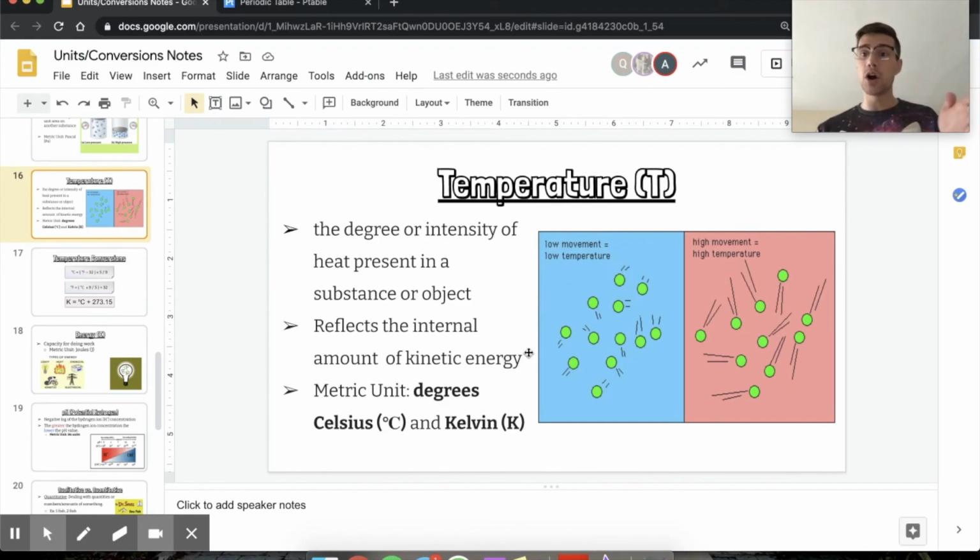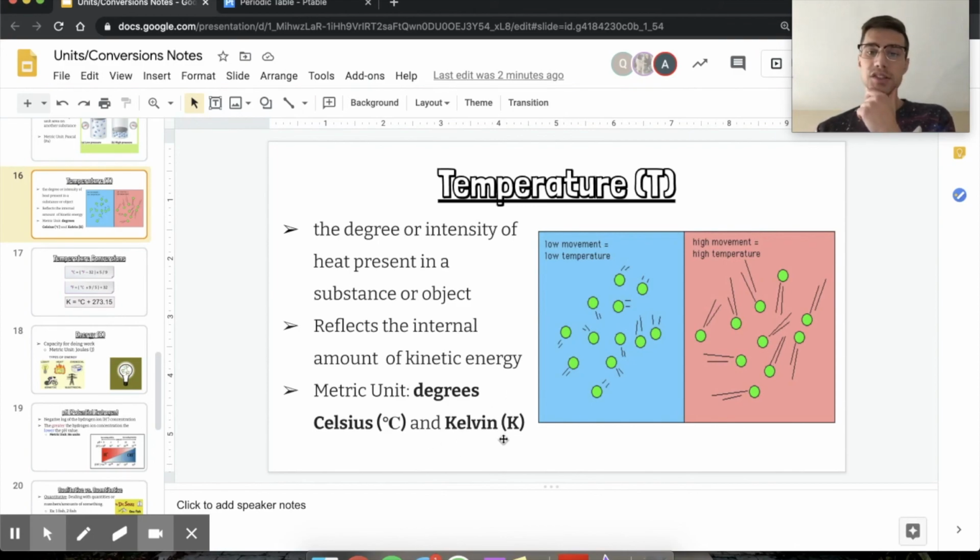So the 0 and the 100 numbers make the Celsius scale super helpful in chemistry, or just in science in general. Whereas knowing that water freezes at 34 degrees Fahrenheit and it boils at 212 degrees Fahrenheit is not very helpful because those numbers aren't as easy to use. So we'll get to some conversions in just a second.